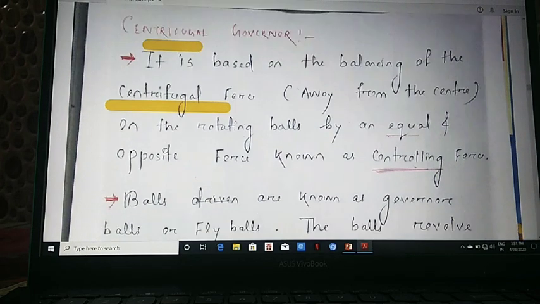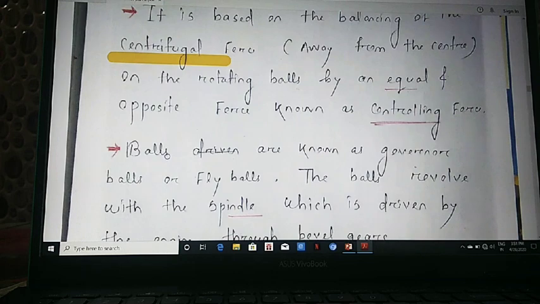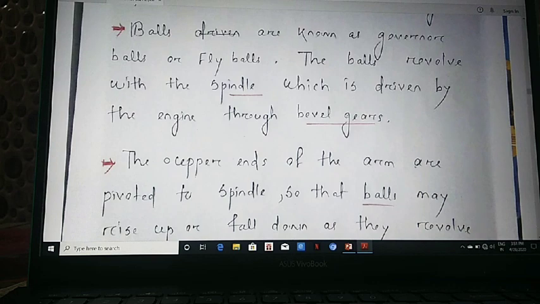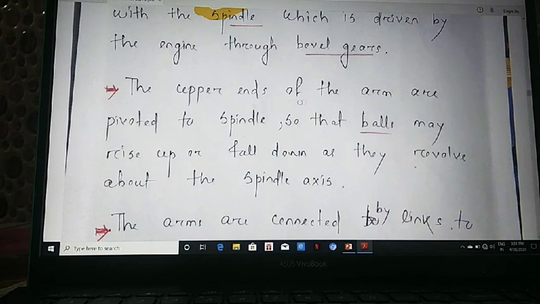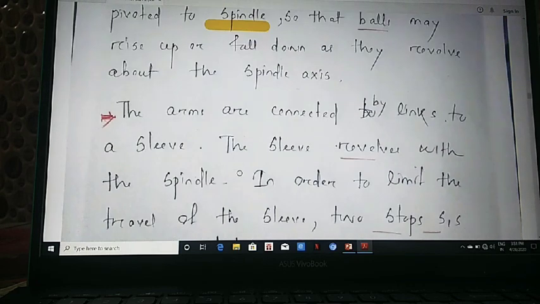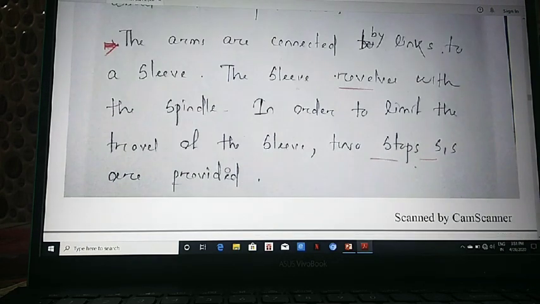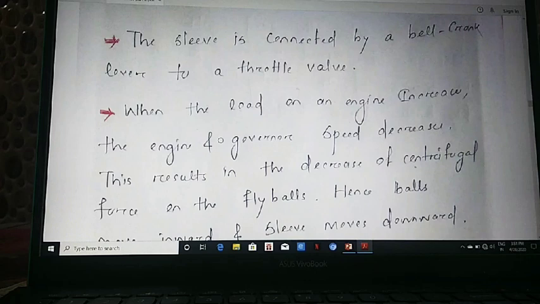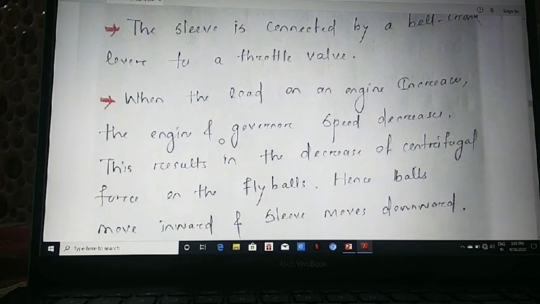It is the force acting away from the center on the rotating ball, known as the fly balls or the governor balls, and the balls revolve with the spindle. The upper ends of the arms are pivoted to the spindle so that the balls may be raised up or down, and the arms are connected by links at the lower side. In order to limit the travel of the sleeve, it is connected with two stops.